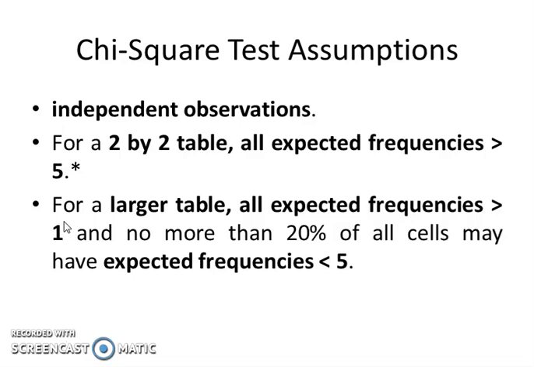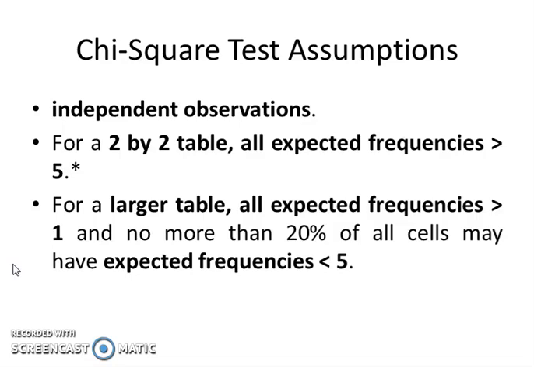Gender has two categories, but smoking habit here has three categories: one, smoker; second, non-smoker; and third, past smoker. So this is a 2 by 3 table. Whenever we are dealing with a table in excess of 2 by 2, the second assumption will be applicable. The second assumption is simple. It says that for a larger table, the expected frequency in every cell must be more than 1. That means a minimum of 1 observation should be there in every cell.